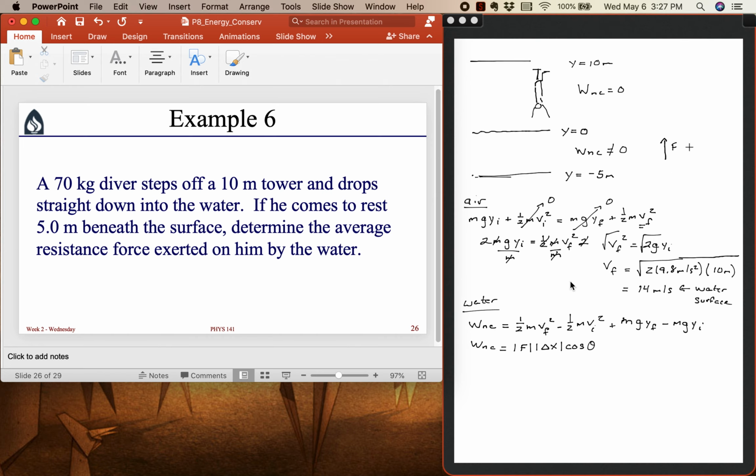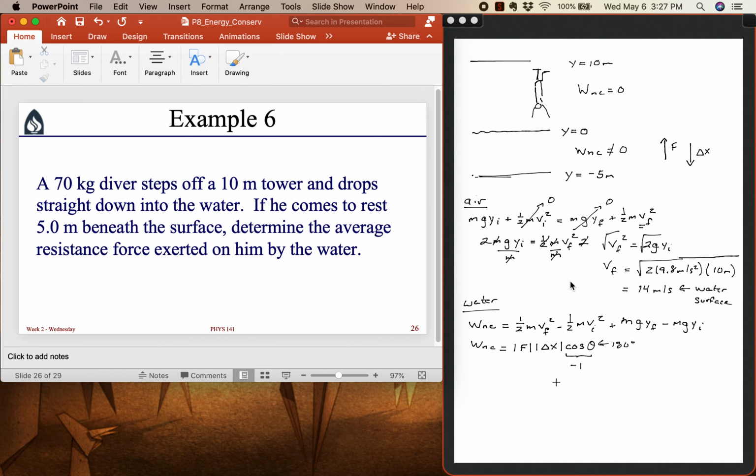The displacement of the diver, on the other hand, is in the downward direction. So the angle between these two vectors is going to be equal to 180 degrees. So this would be the cosine of 180, and the cosine of 180 degrees is equal to -1.